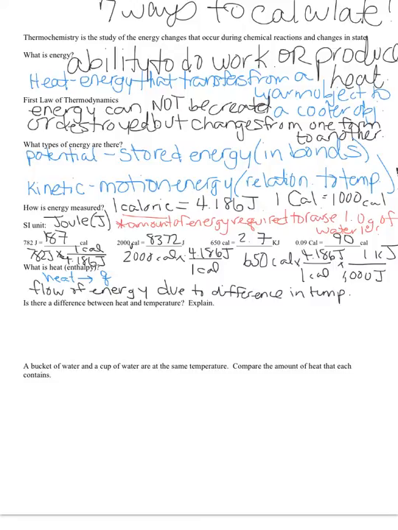You also have something else we'll see, which is delta H, which looks like an uppercase H there. That's going to be our measurement for enthalpy. So you're going to see q as a representation for heat, and delta H as a representation for enthalpy.